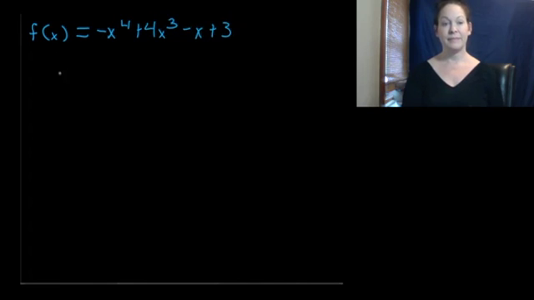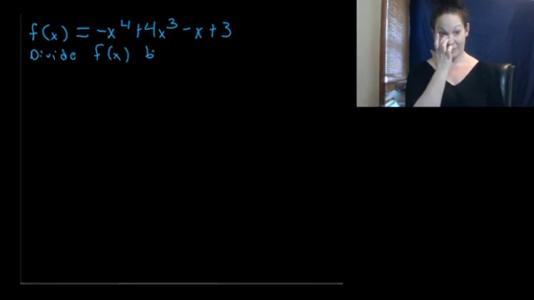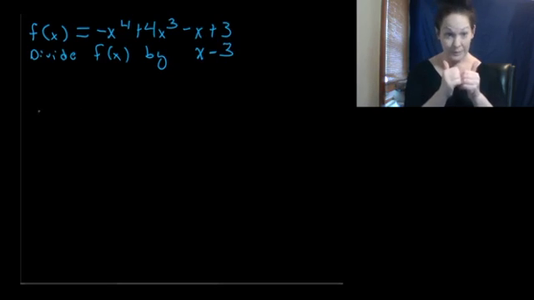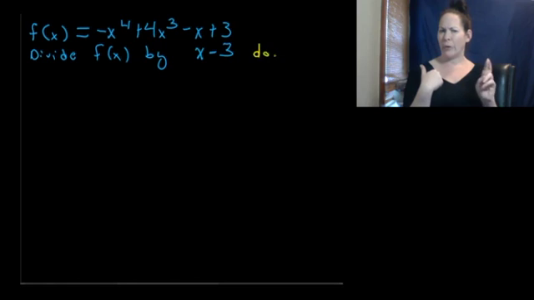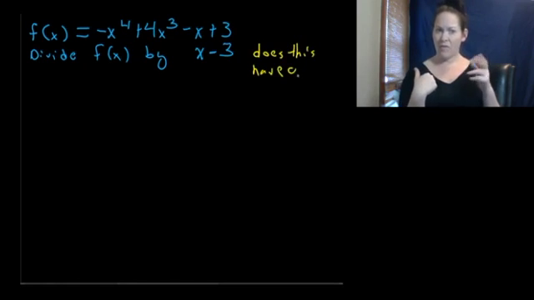And I'm going to divide f of x by x minus 3. So to do that, I'm going to first see if it has a remainder. So does this have a remainder?